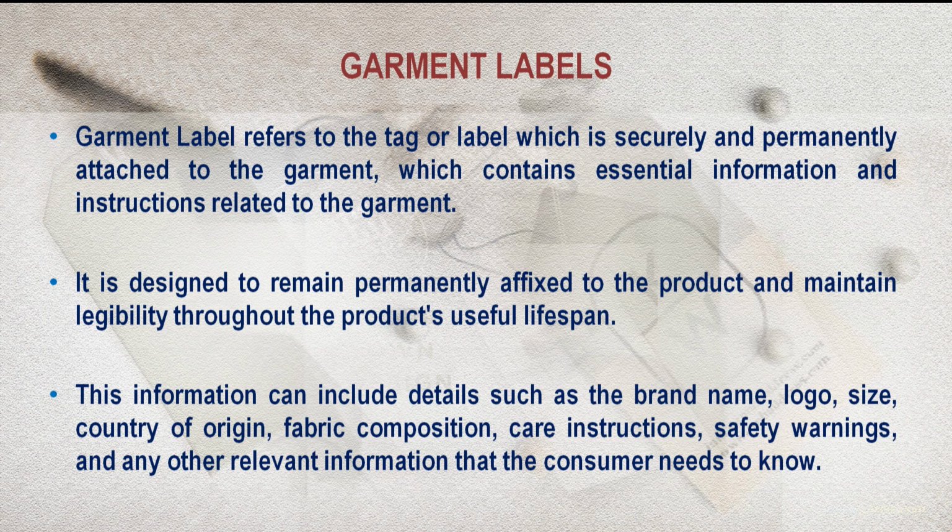Until we are using that product, the label will be there so that we can be aware of that information. This can include brand name, logo, size, country of origin, fabric composition, care instructions, safety warnings, and any other relevant information that the consumer needs to know.